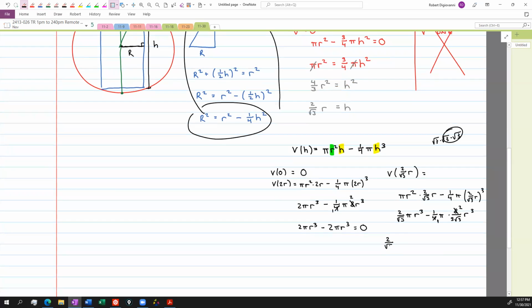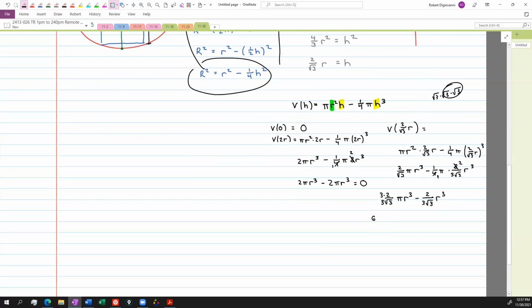The 8 reduces with the 4. I get 2 over root 3 pi r cubed minus, let's see, this canceled. I should have a 2 over 3 root 3 r cubed. Nothing cancels. I can get a common denominator between these two, so I need to multiply 3 here and 3 here. That gives me 6 over 3 root 3 pi r cubed minus 2 over 3 root 3 r cubed.